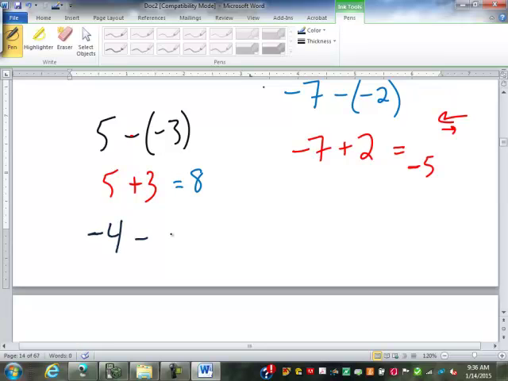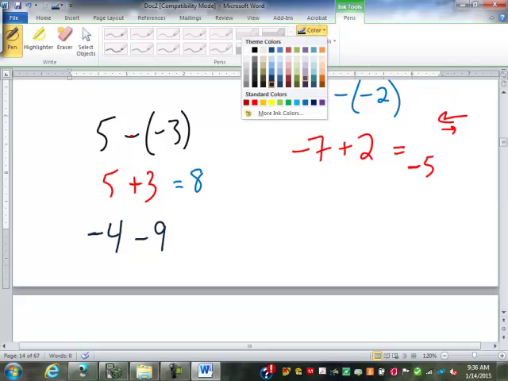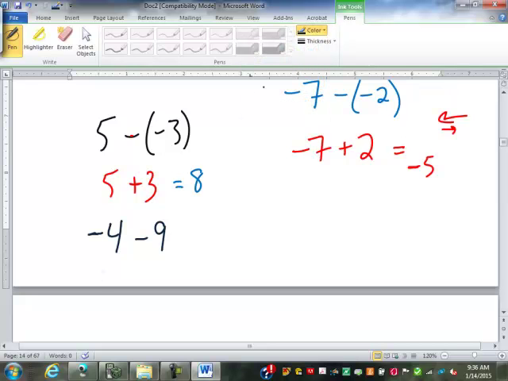Negative 4 minus 9. What's that going to become? Does the negative 4 change? No. What changes is this becomes plus negative 9. That was minus a positive 9. It becomes plus a negative 9.